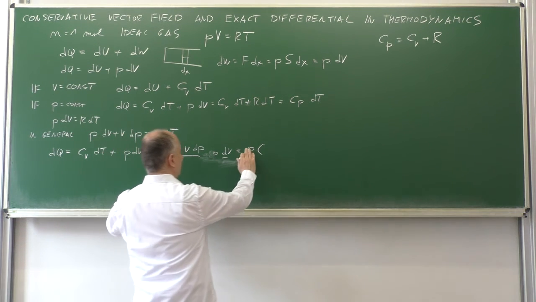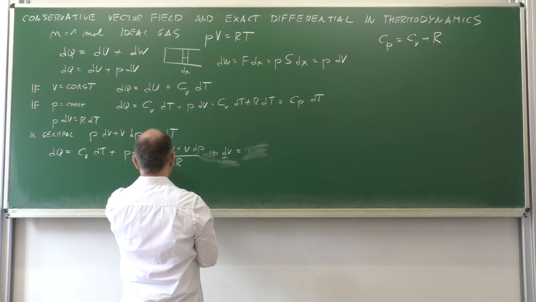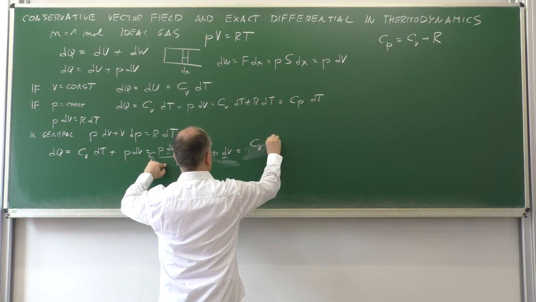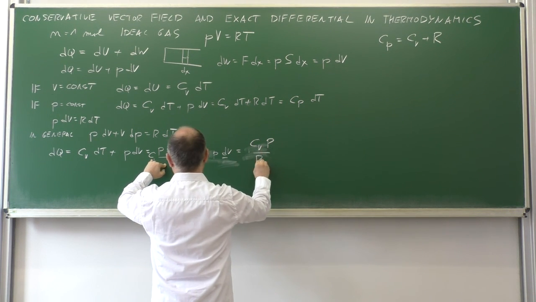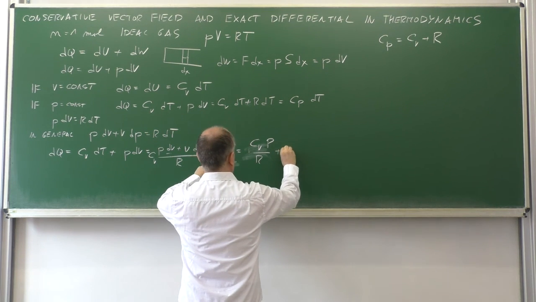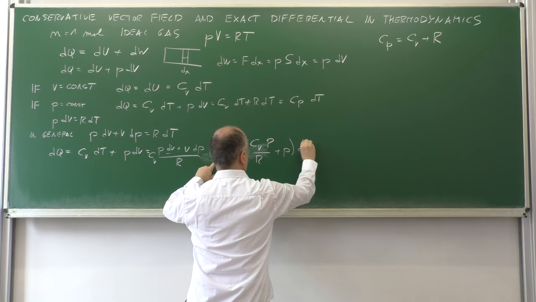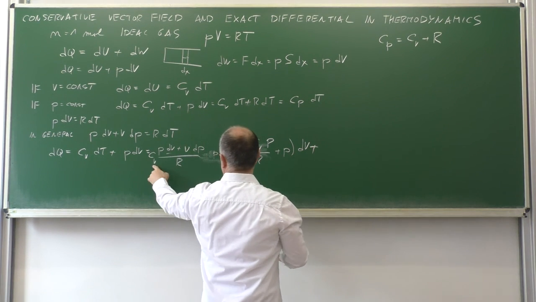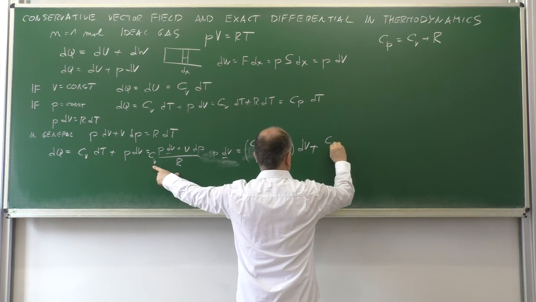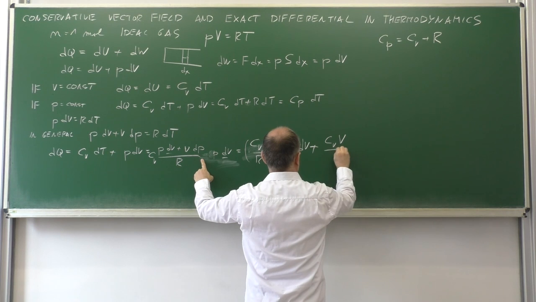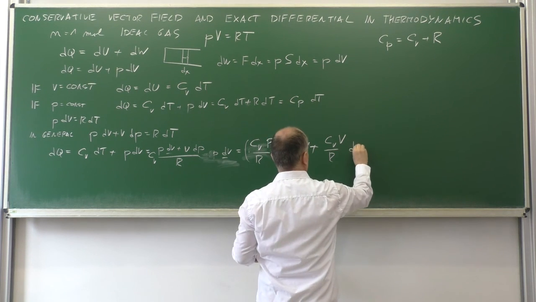Okay, let's write it slowly. Cv P divided by R plus P, dV, plus Cv V divided by R dP.